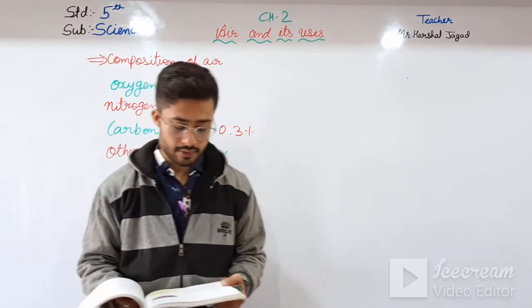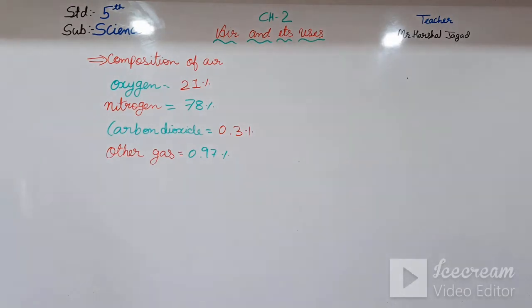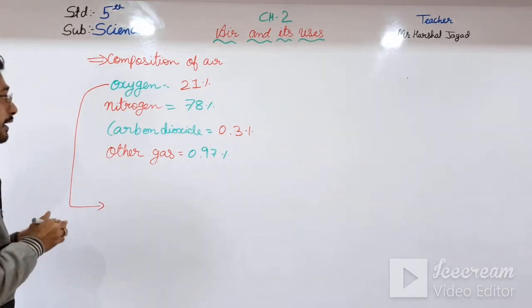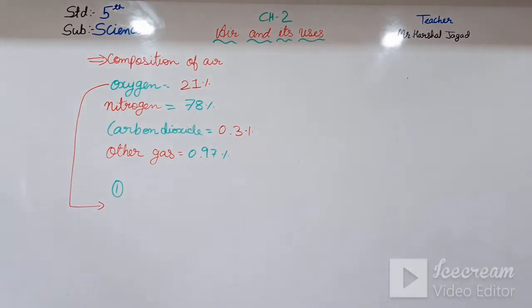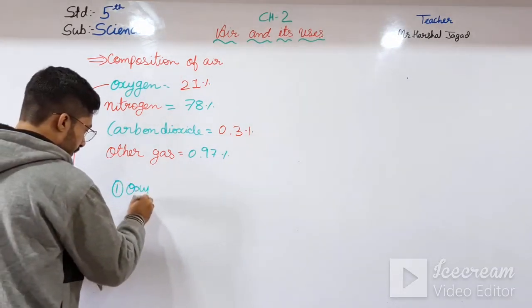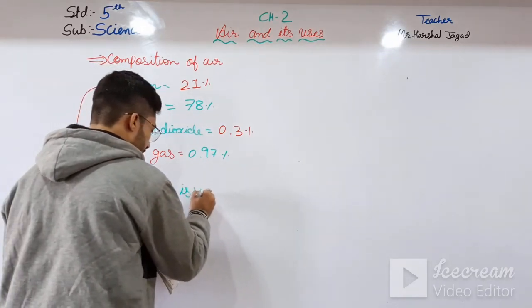Okay, uses of oxygen. First of all, we will see the uses of oxygen. Let us see how oxygen is used. The first point, here you can read: oxygen is very important for all living beings. Animals cannot live without oxygen.